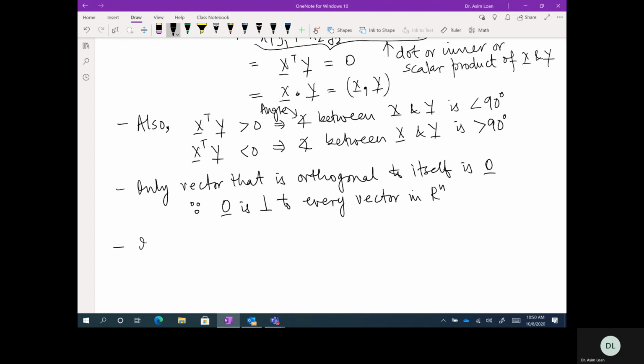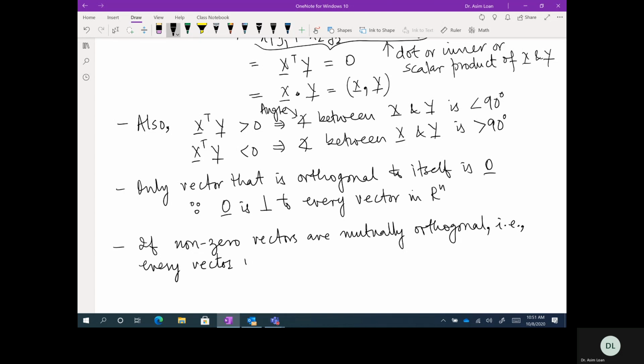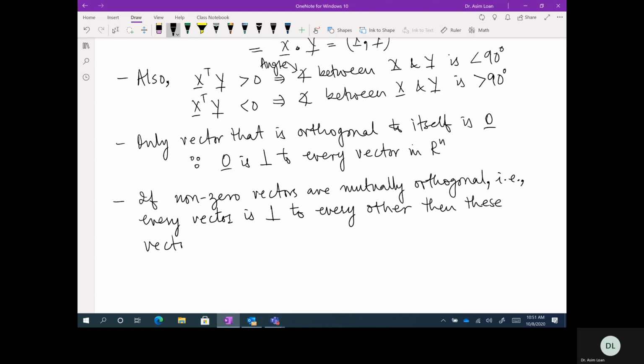Are they independent? If non-zero vectors are mutually orthogonal, that is, every vector is orthogonal to every other vector, then these vectors are independent.